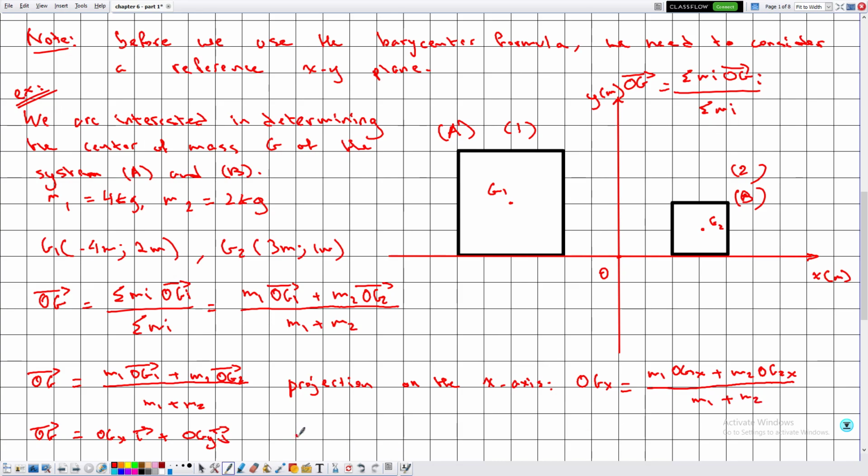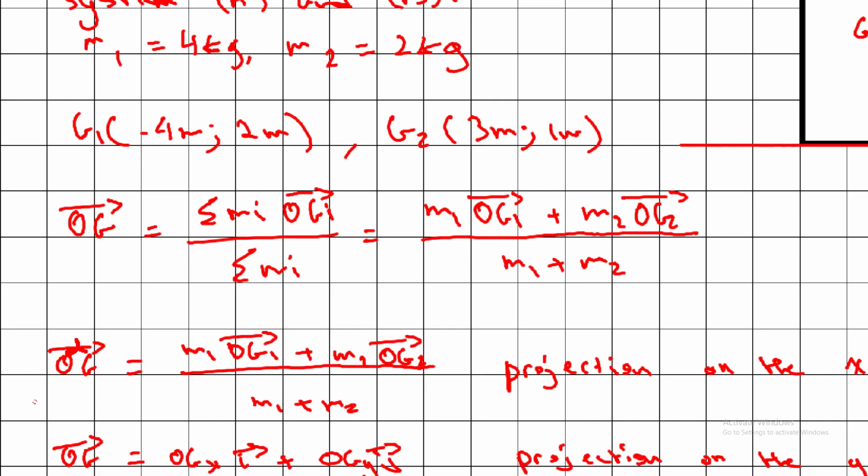As for the projection on the y-axis, this formula is reduced to OGy is equal to, so we drop down the vectors and each vector quantity will carry the label y.